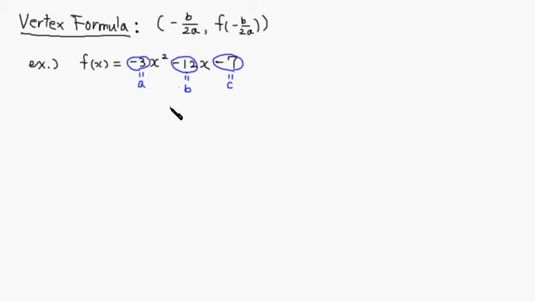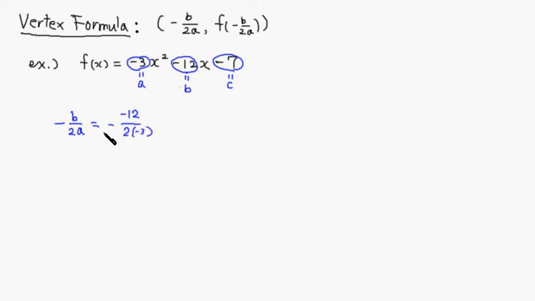Right, so by using the vertex formula, we just have to find this expression, negative b over 2a. So that's going to be a negative sign, b happens to be negative 12, then 2 is there, and times a, in this case negative 3.